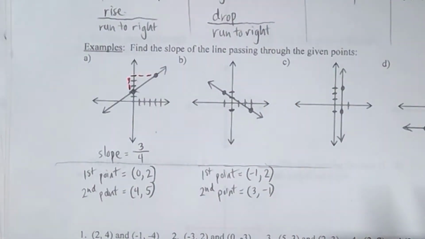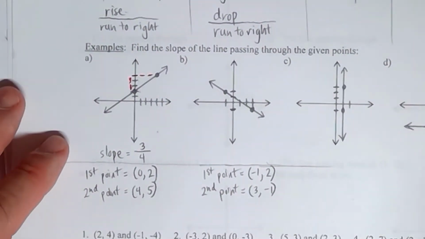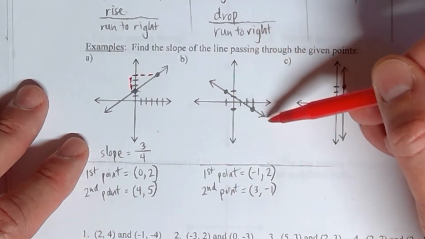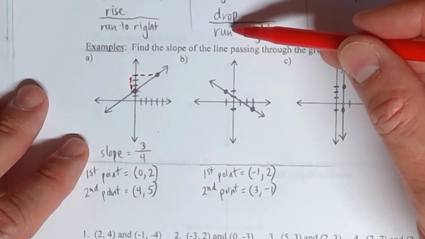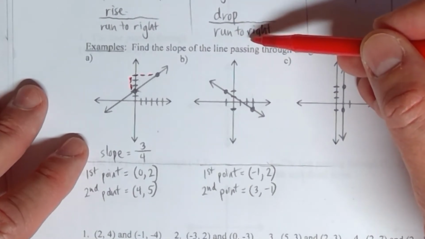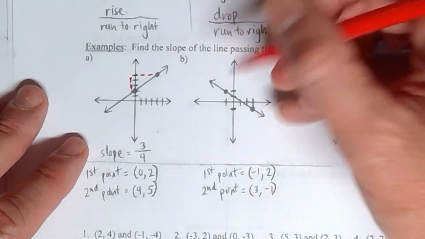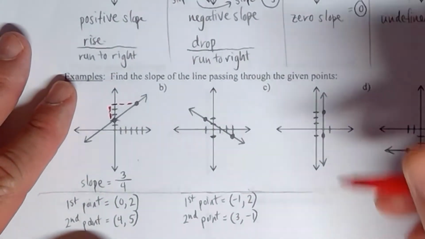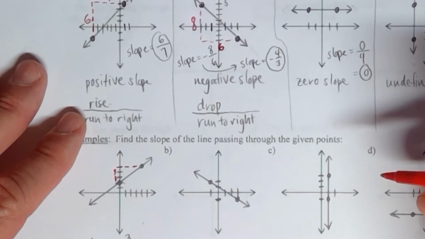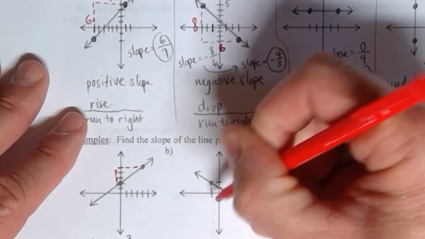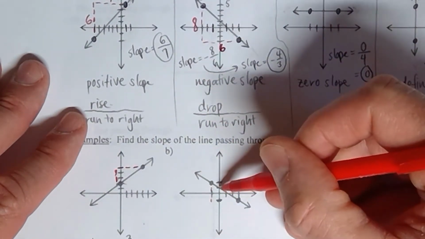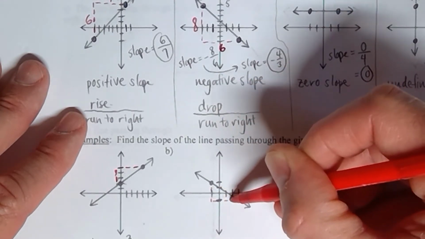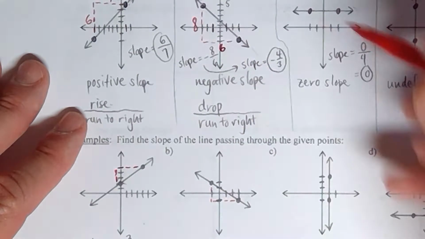All right, since the graph drops, goes down as you move from left to right, we're going to use the drop and run method this time, just like I did up here. So that's going to be what here? I'm going to drop down, what is that? 1, 2, 3, and then I'm going to run how far over?